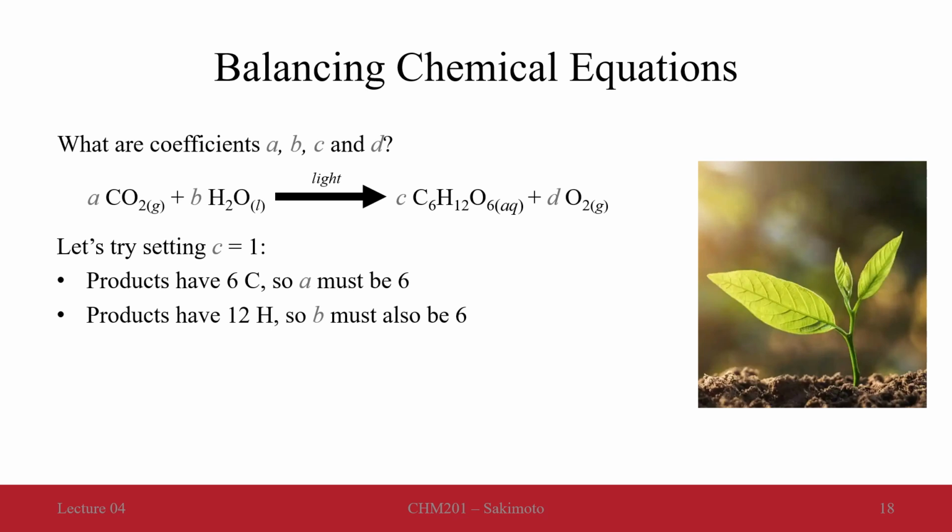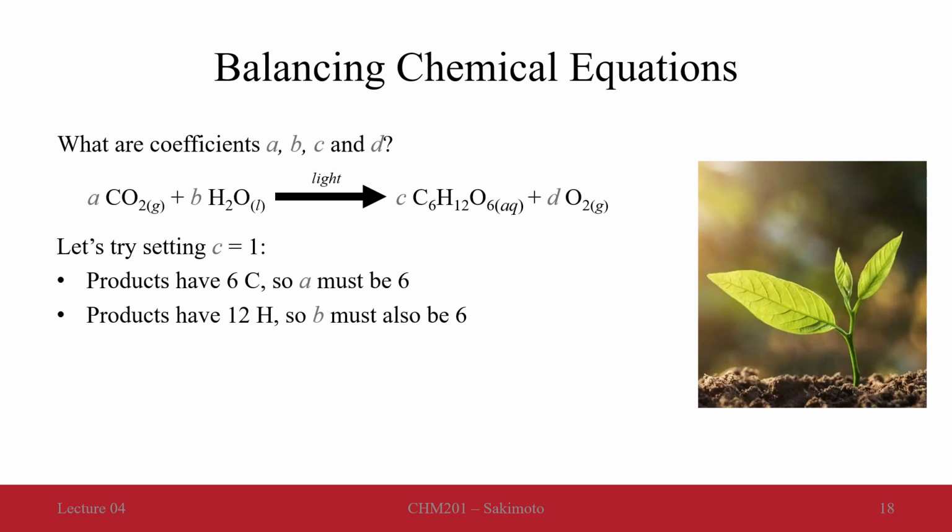And so the only thing with carbon is our carbon dioxide. And so to have 6 that we end up with, we have to start with 6. So try to set our coefficient of C to 1, and we'll try to set our coefficient of A to 6. 6 carbon dioxide turns into the 6 carbons in this molecule of sugar.